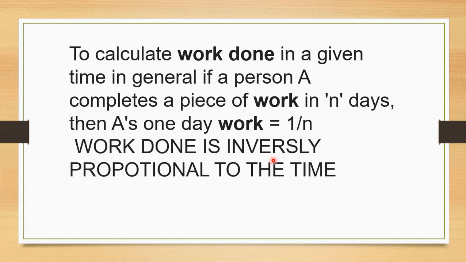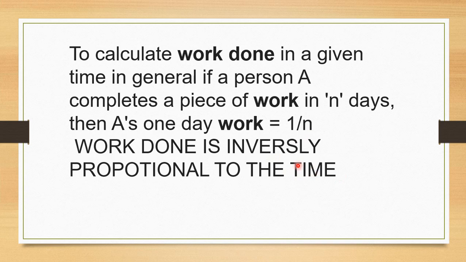Work done is always inversely proportional to the time, as we have discussed in inverse proportion. If the number of persons increases, the time taken to complete the work will be less, and if the number of workers is less, the time to complete the work will increase. So both quantities, time and work, are inversely proportional.